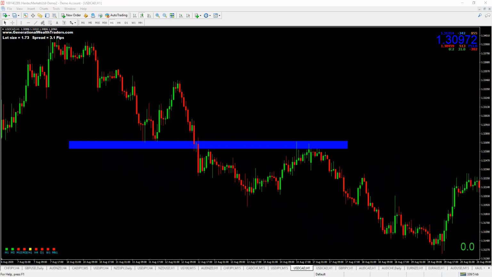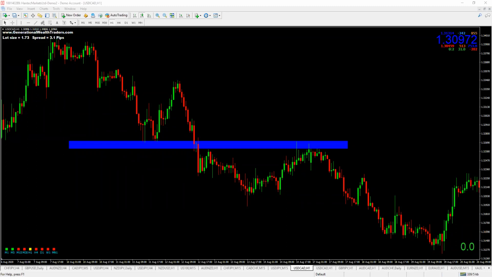Resistance, just switching words around, is that price level where an asset can trade up but not exceed for a certain period of time. Resistance is that level where the aggression of sellers overcomes the aggression of buyers.